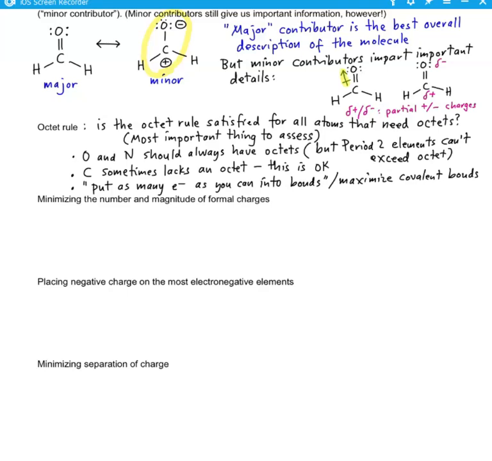You're also going to want to minimize both the number and the magnitude of non-zero formal charges. A non-zero formal charge is just a formal charge that's not zero. Minimizing the number of formal charges means you want as few non-zero formal charges as possible. But you also want to minimize the magnitude.